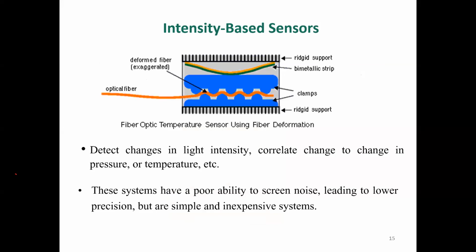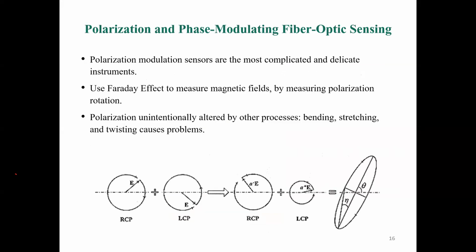So there are many ways to achieve this sensing. One is this, where if any change happens in the temperature, the fiber will be deformed. This is just an example. Then polarization is also a property of light.